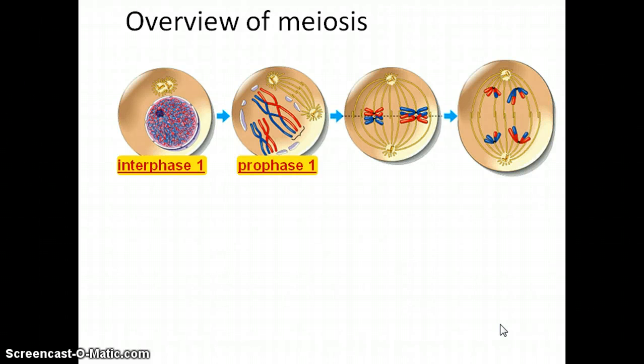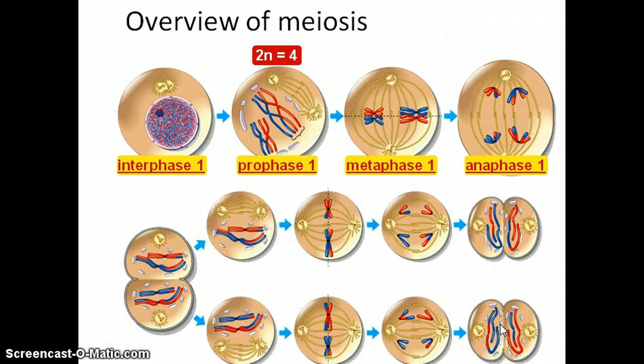Then we have prophase 1, and in this case we have 2n equal to 4, so our cell is diploid at this point. Then we have metaphase 1 and then anaphase 1. All of this top row is what we consider meiosis 1. This second portion is what we call meiosis 2.